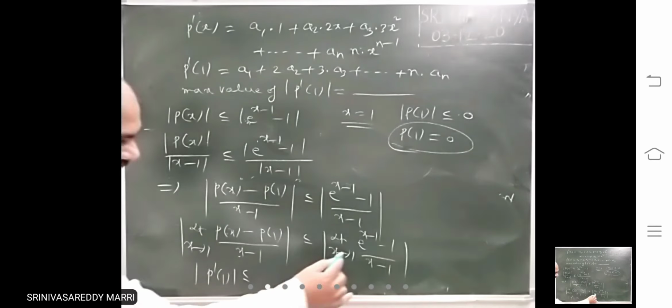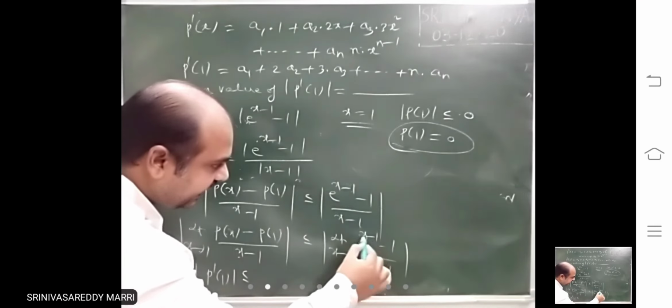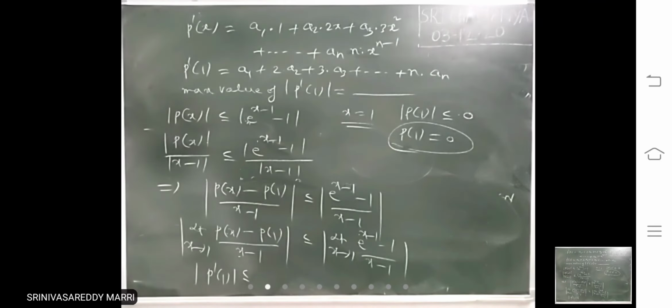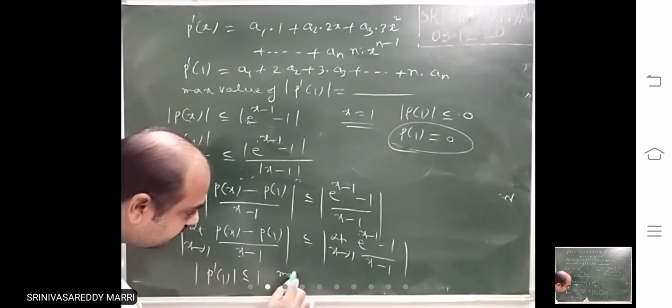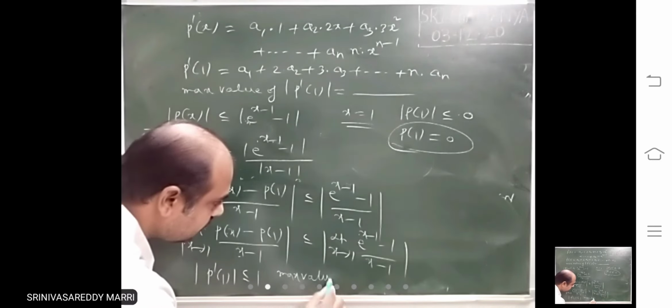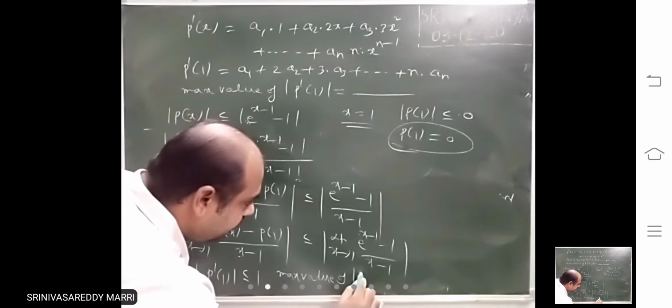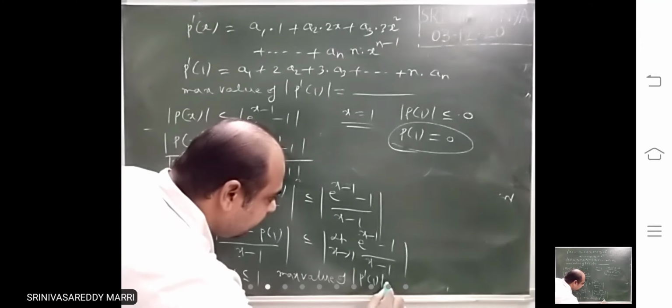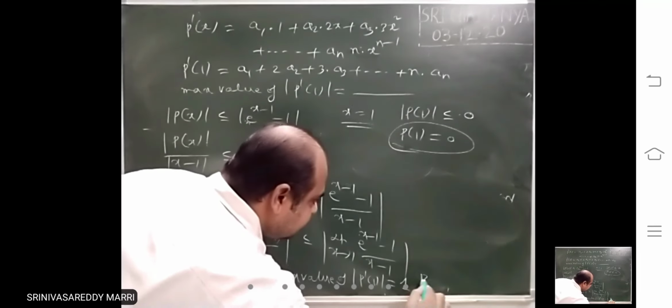According to the limit formula, e to the power (x minus 1) minus 1 over x minus 1 is 1. The limit is 1. Therefore, the maximum value of modulus P'(1) equals 1. So the answer is B.